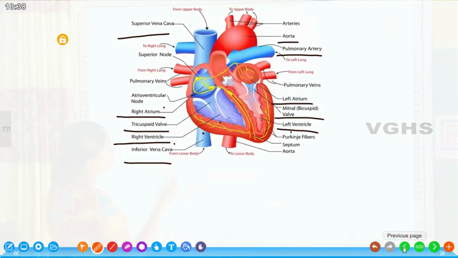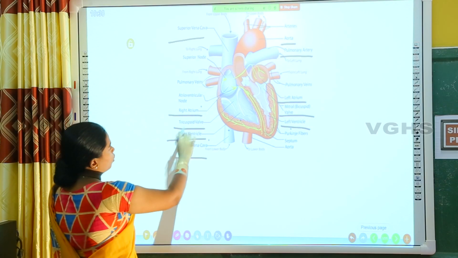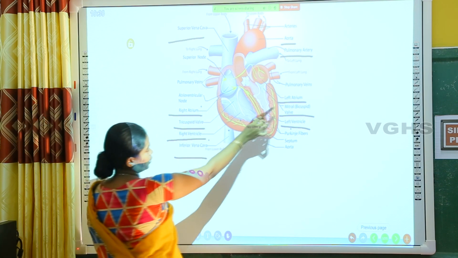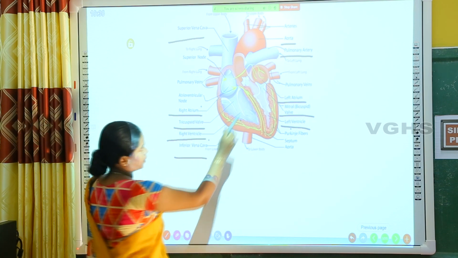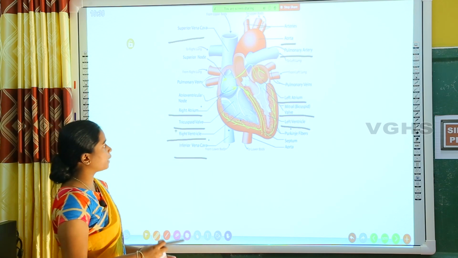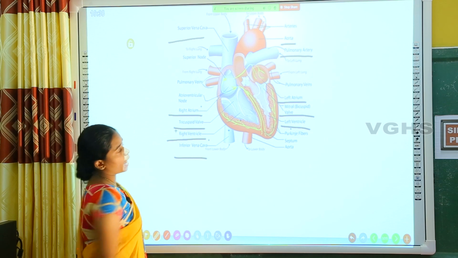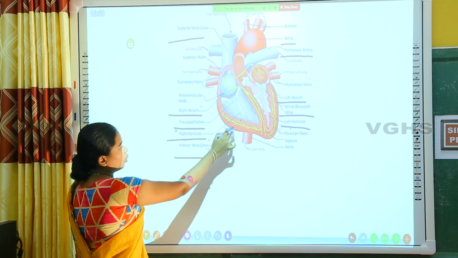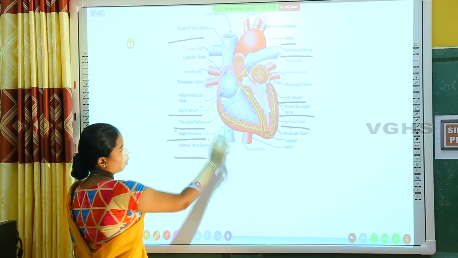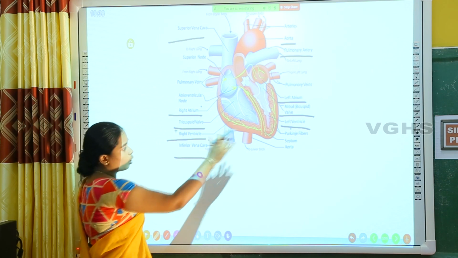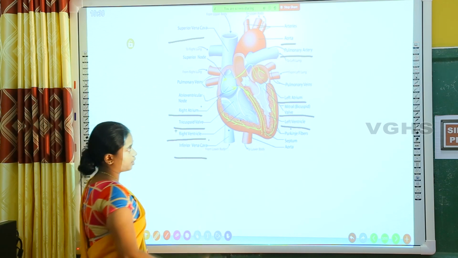Now let us see the circulation in the heart. When the right atrium and left atrium both contract, the tricuspid valve and bicuspid valve open and blood comes to the ventricles.